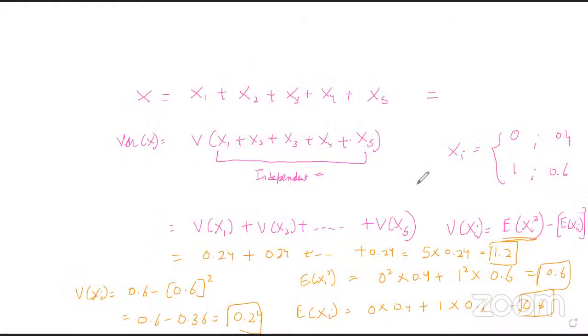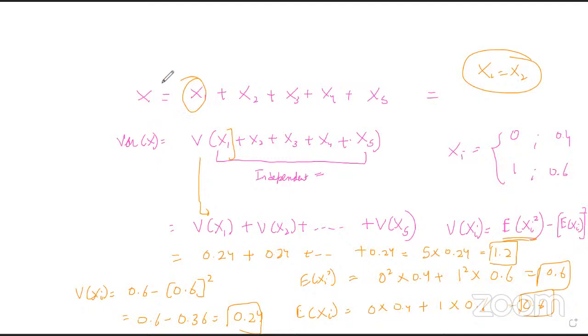These 5 have the same PMF, that's all you know. You cannot do it like that. It is not the case that x1 equals x2. You have to use the property of variance and simply split it.